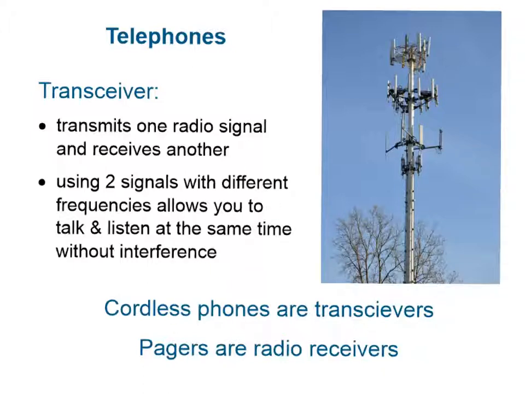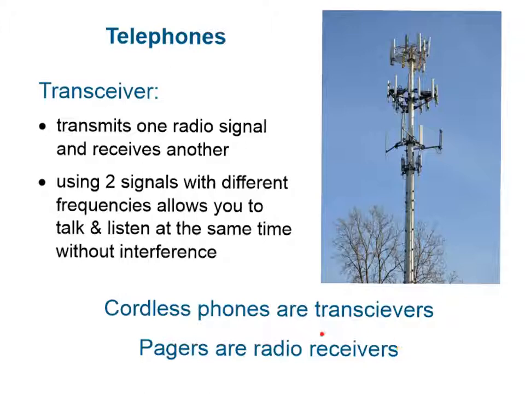Cordless phones are also transceivers. However, you have to be fairly close to the base of a cordless phone. And another drawback is that sometimes if someone nearby is using a cordless phone at the same frequency, you might hear their conversation on your phone. That's why cordless phones often have a channel button that allows you to switch to another frequency.